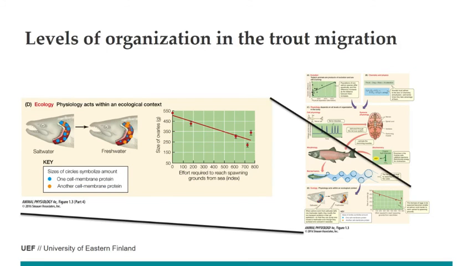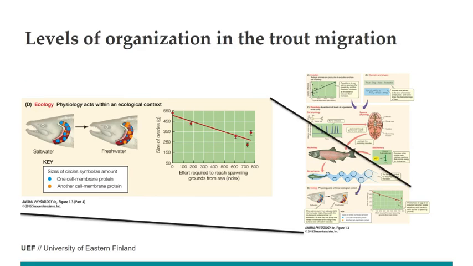And then at the ecology level, when the fish are migrating from seawater to freshwater, they have a completely different problem in their gills. One of these environments is hypertonic, one is hypotonic. So you must get rid of salt, or you must get rid of water in your body.